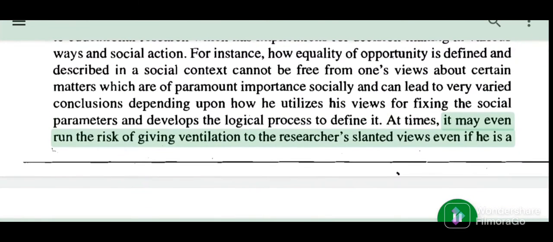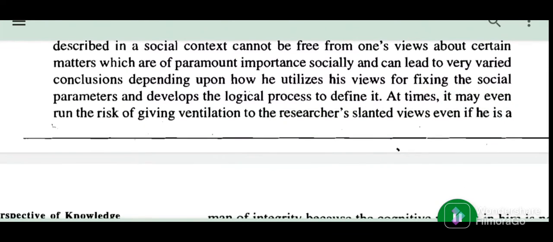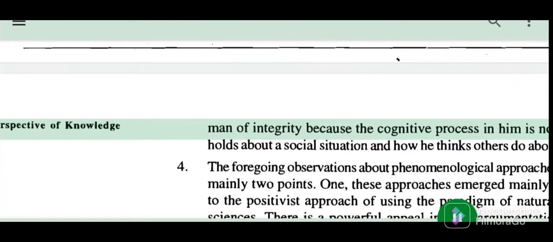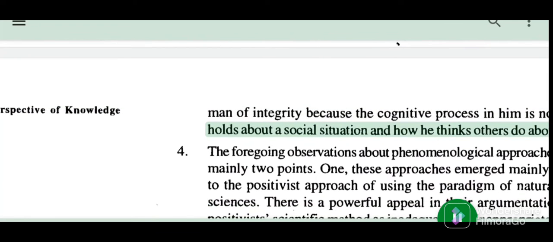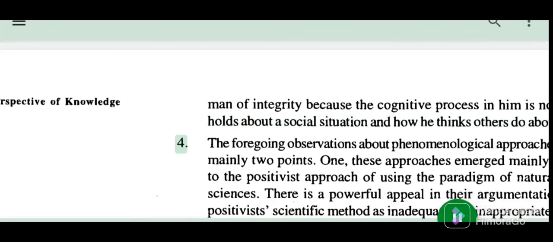At times, it may even run the risk of giving ventilation to the researcher's slanted views even if he is a man of integrity, because the cognitive process in him is not free from what he holds about a social situation and how he thinks others do about the same situation. 4.